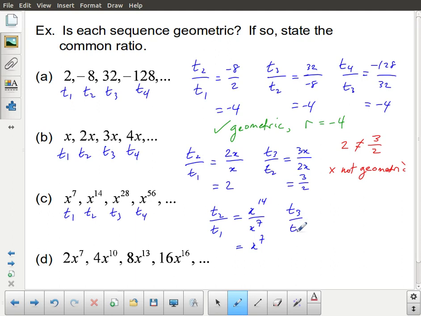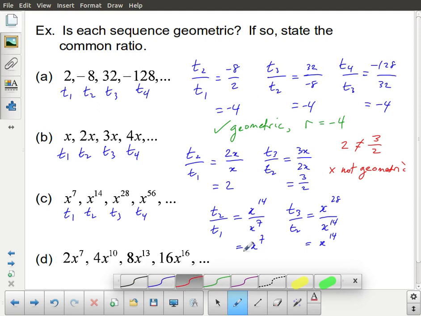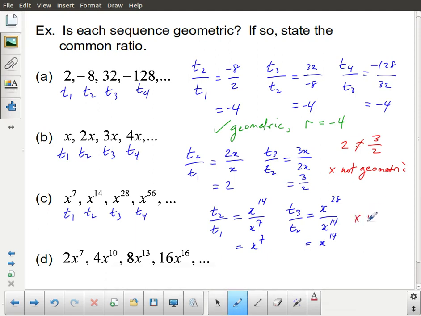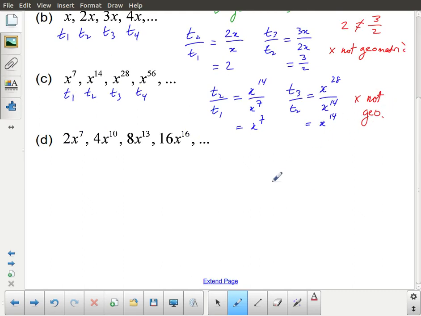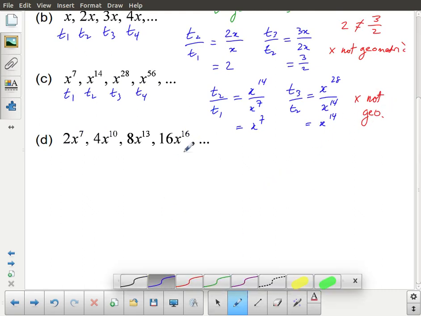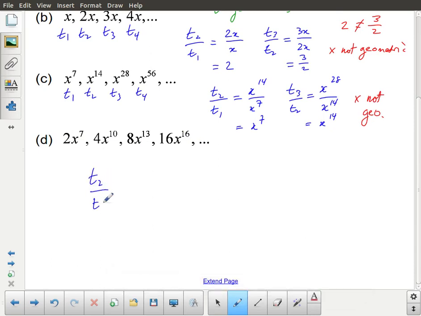T3 divided by T2 is x to the 28 over x to the 14, which is x to the 14. This is not geometric because the ratios are different, so they're obviously not common ratios.